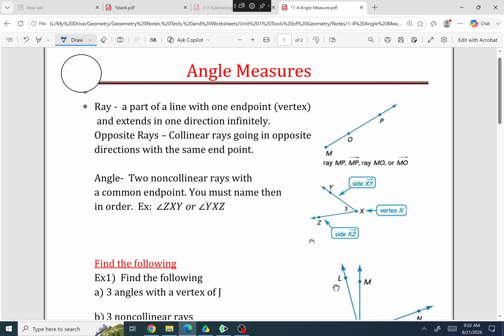The light starts at the sun and goes in two directions, actually all directions at once, right? But those are opposite rays. Collinear rays. An angle is two non-collinear rays with a common endpoint. That is a way overly complicated way of saying this. You don't really need a definition for that. Make sense? It should be obvious. All right.